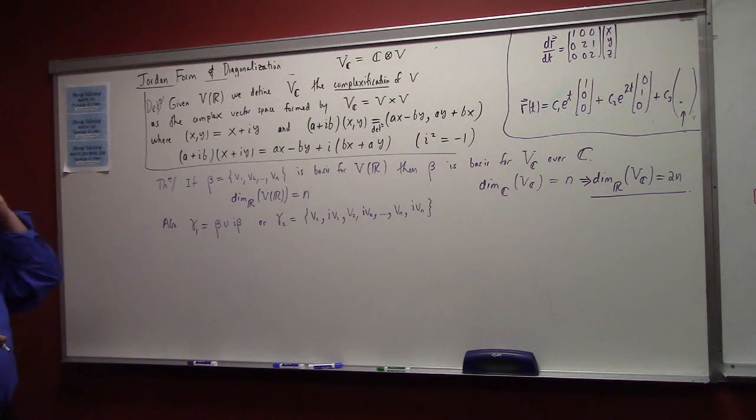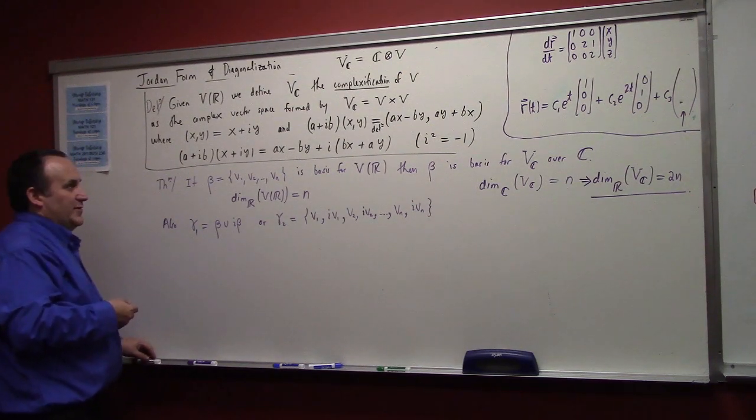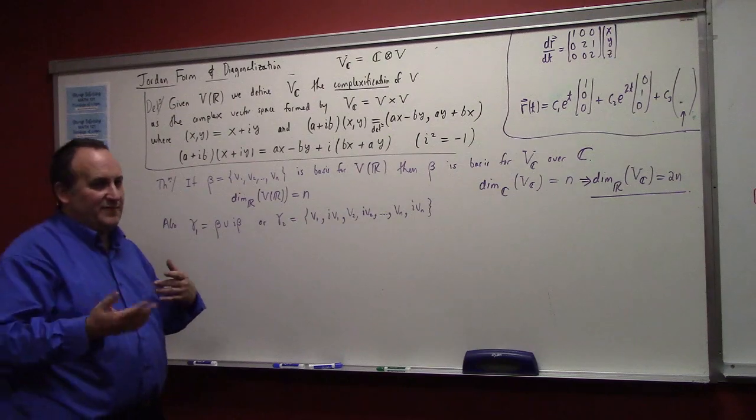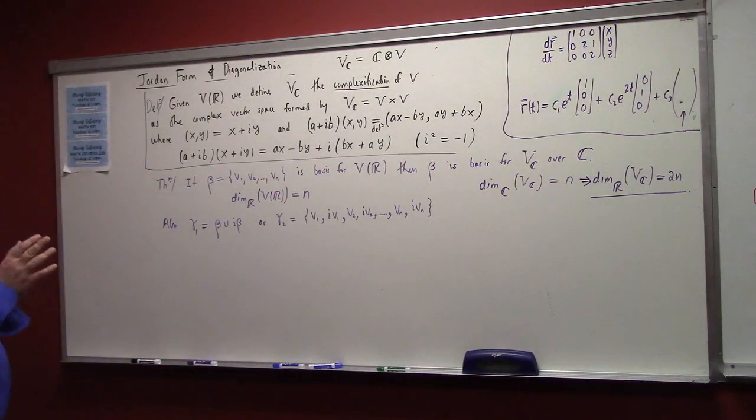I do all this so that it's concrete and understandable by students. But it is true, it really is, up to isomorphism, the tensor product of C with V. And if you had a different extension field, you could take the tensor product with that extension field. Of course, that's more interesting when you're not working over the reals and you're working over something like a finite field. All right, okay, so.